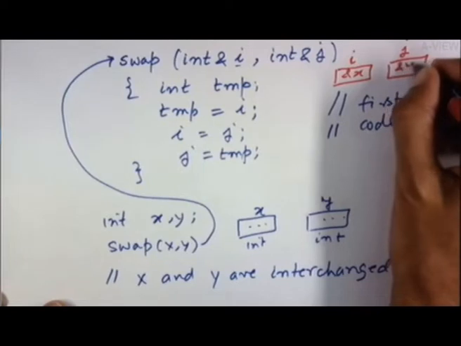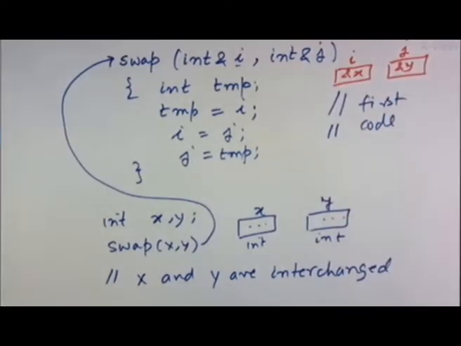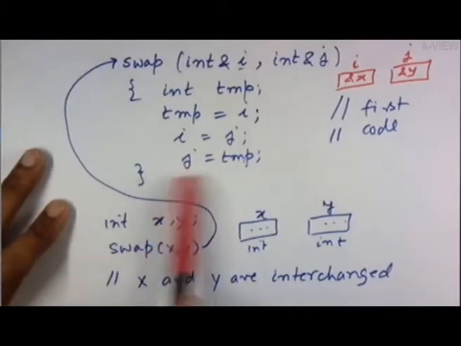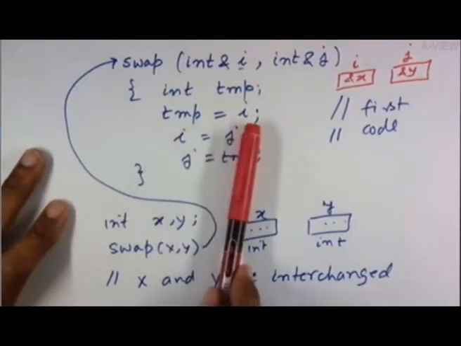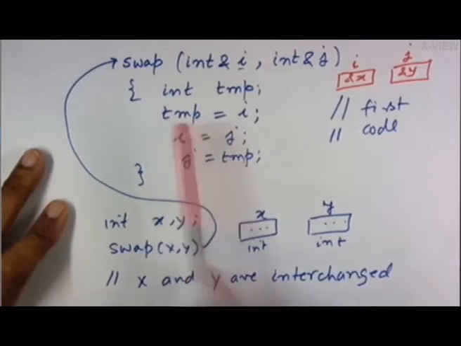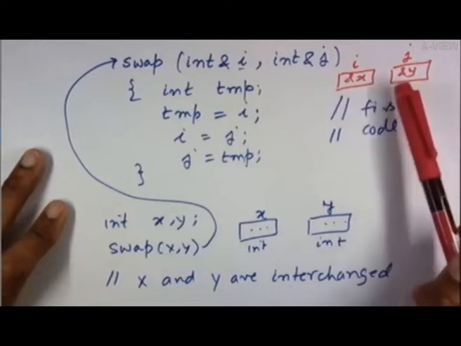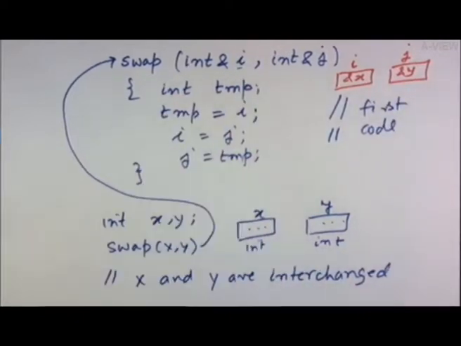A constant address of x and address of y. However, you know that in reference type I don't use any pointers. So when I do tmp equals I, in temporary, because of the alias, the value of x will move. I equals j, though you are using constant pointers, their dereference works exactly like a simple object.